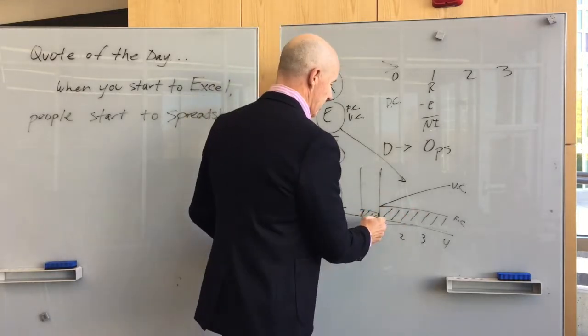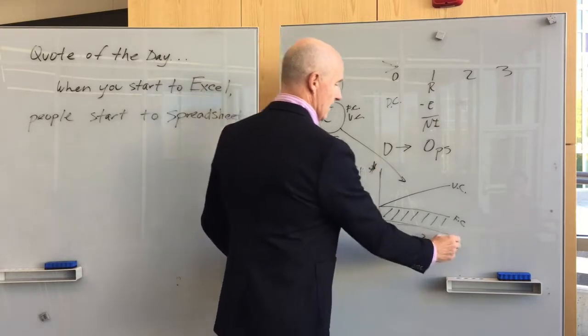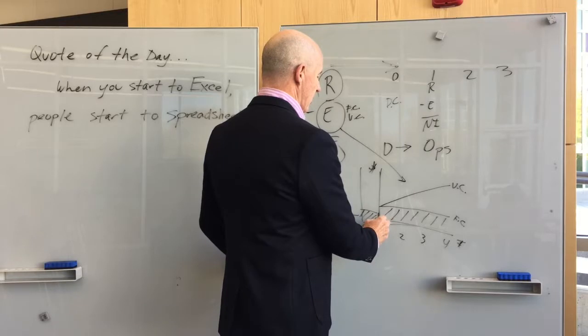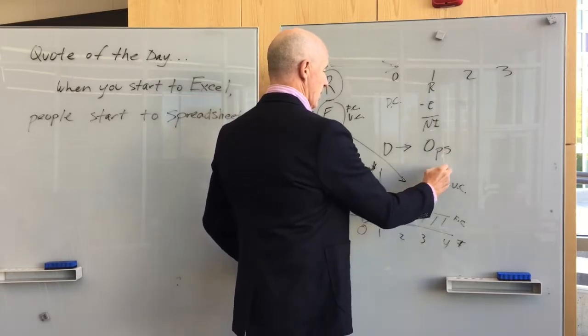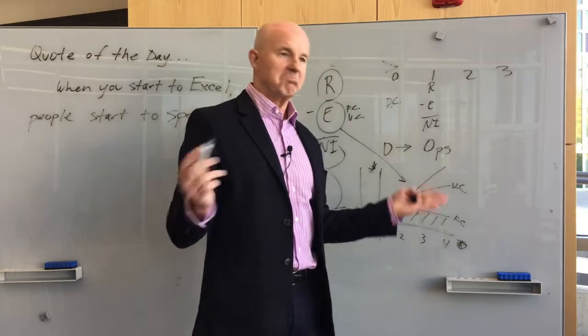Well, revenues start at zero, right? This axis is money, this axis is time. So it starts at zero, and then revenues go up as you sell units. This could be time, or this could be quantity, how many units you're selling.